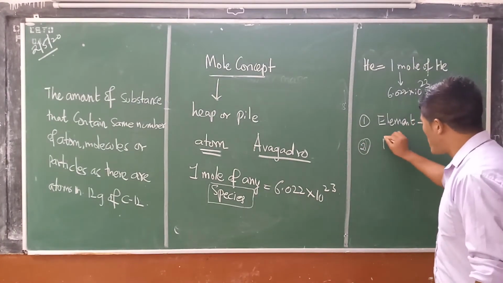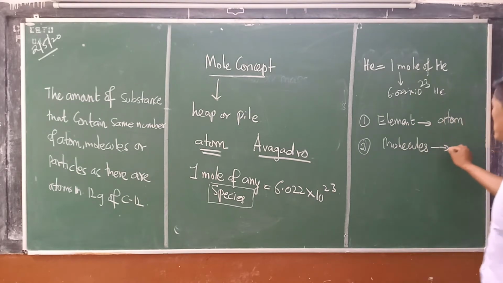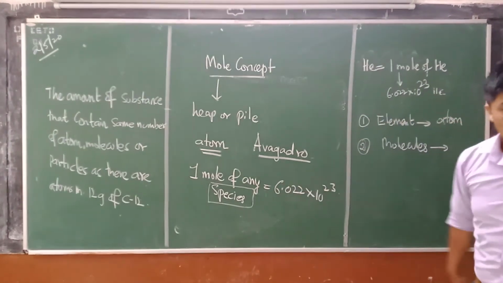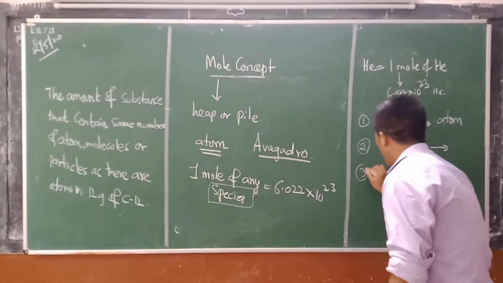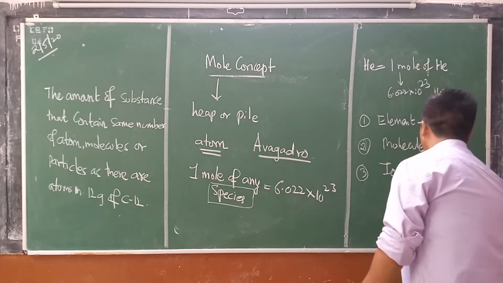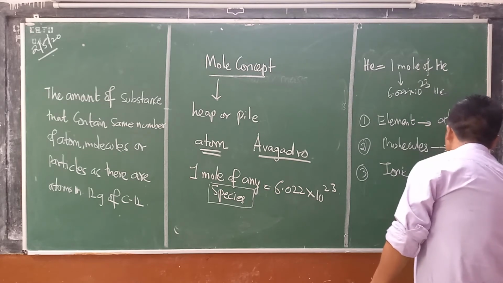Secondly, when we talk in terms of molecules, we use the word molecules: 1 mole of oxygen molecules, 1 mole of water molecules. Number 3, we talk in terms of ionic compounds, which could be ions.